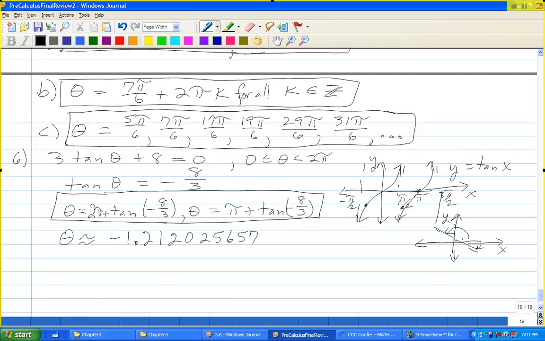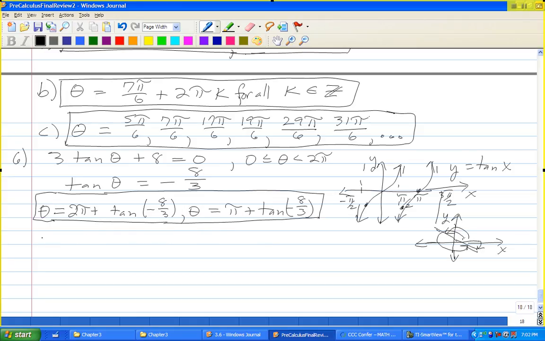Because it's going to give it to you in the fourth quadrant, but we want it in the fourth quadrant going that way. And so I'm going to have to do 2 pi plus that angle, whereas the other one will be pi plus the angle. So actually I should write it this way then.